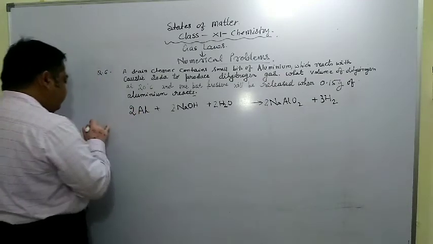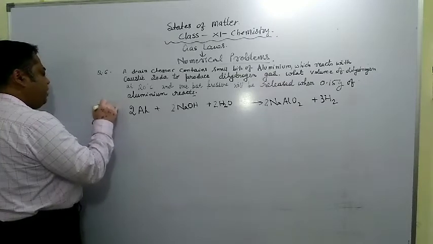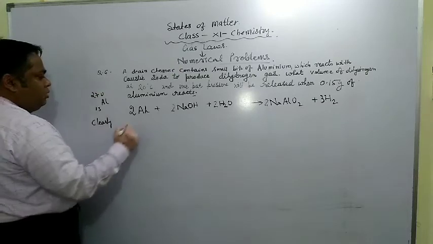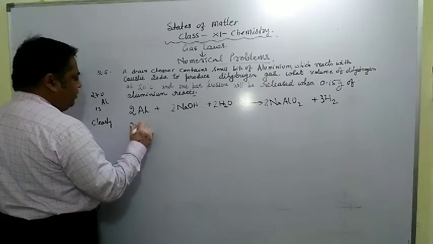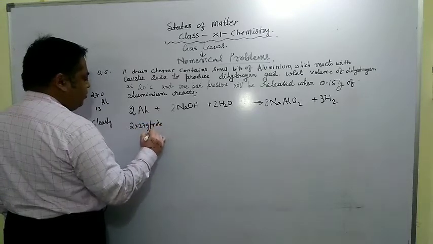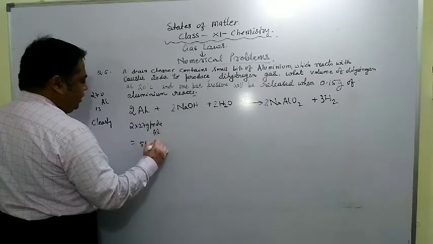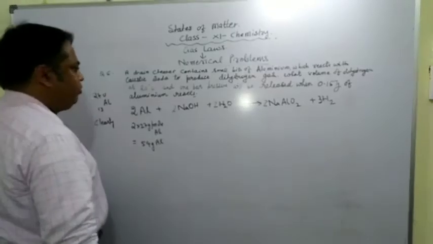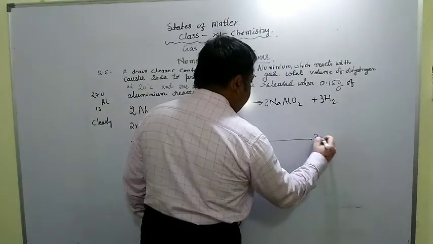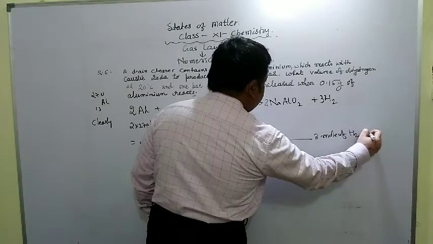So clearly aluminum has a mass of 27 u. So we can write 2 into 27 gram per mole aluminum, that is equal to 54 gram aluminum, which produces 3 moles of hydrogen gas.